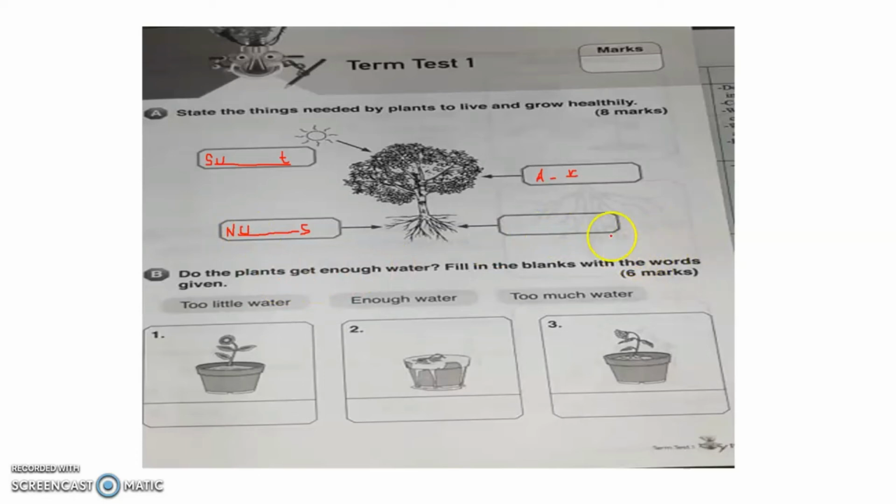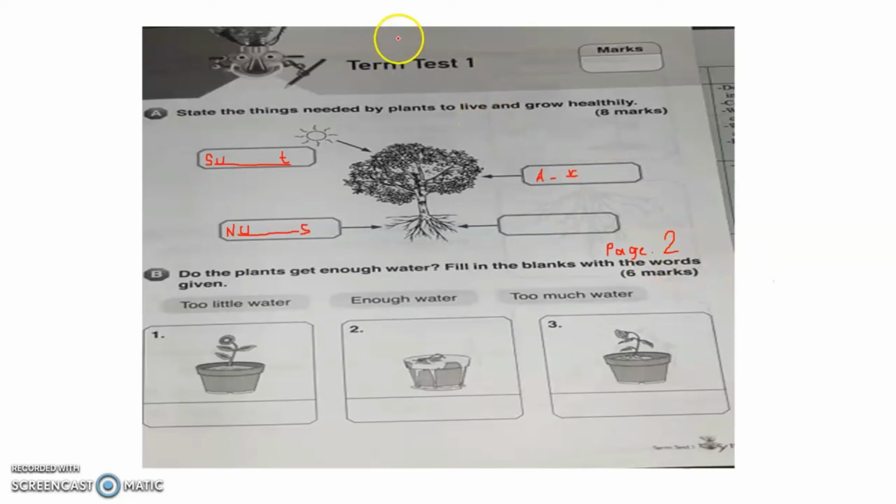You can find this, or you can go back on page number 2. You can go back to page number 2 to answer this.